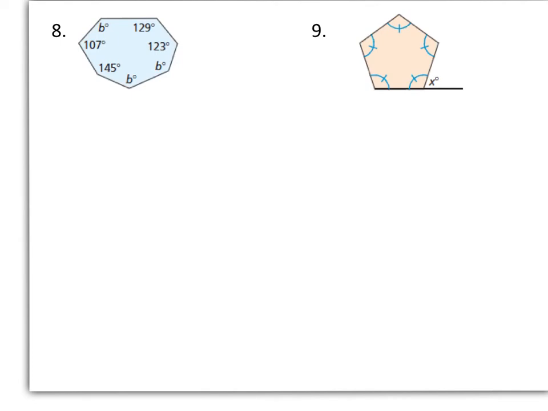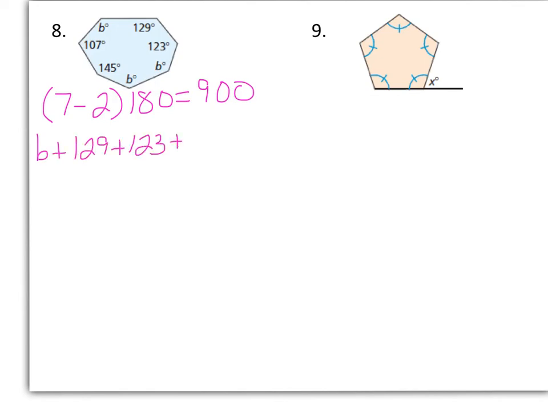All right, 2 more examples. In number 8, we have a heptagon, has 7 sides. So first, finding the sum of the measures of our interior angles. Take 7 minus 2 times 180, and we get 900. Then add up your interior angles and set that equal to 900.